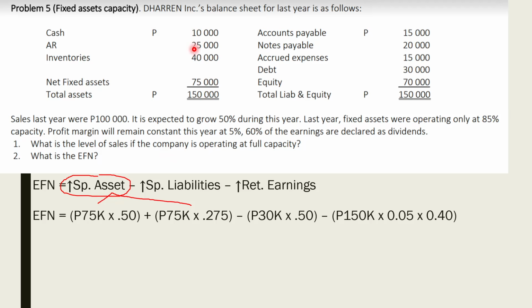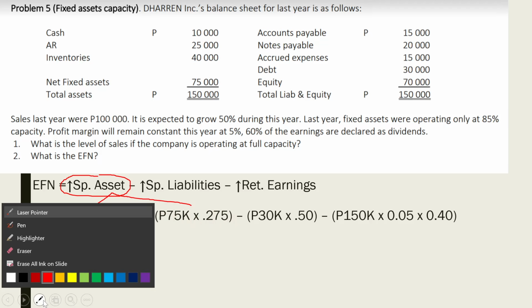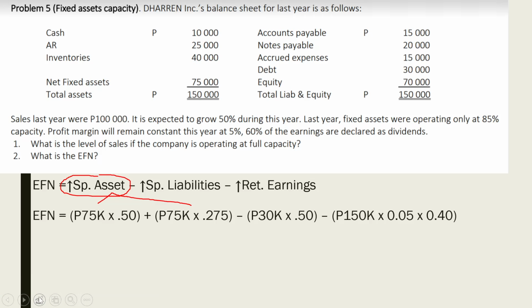Current assets, 10, 25, and 40. That's a total of 75K. That should grow in line with sales at 50%. Net fixed assets, also 75K. As calculated, the growth rate needs to be only 27.5%. There you go. Two calculations for the growth of your assets.